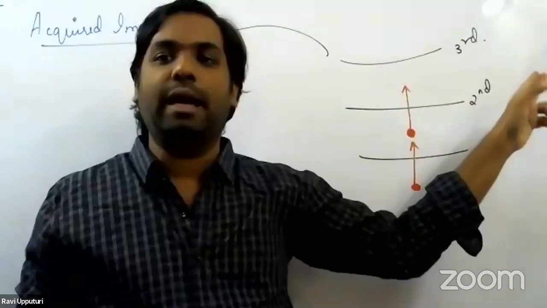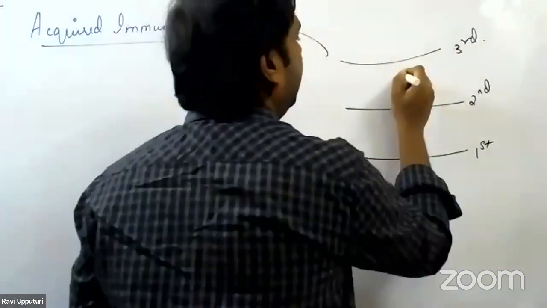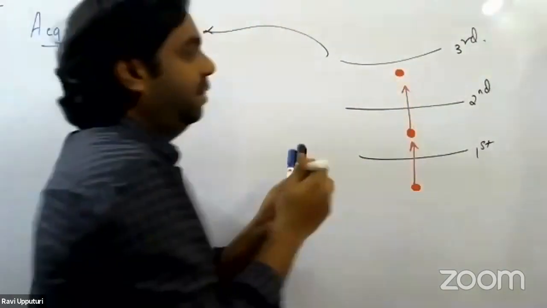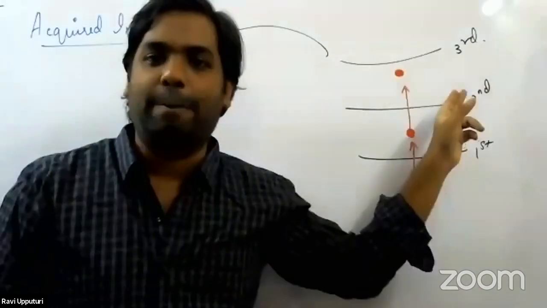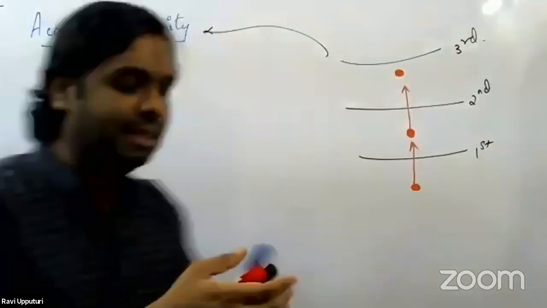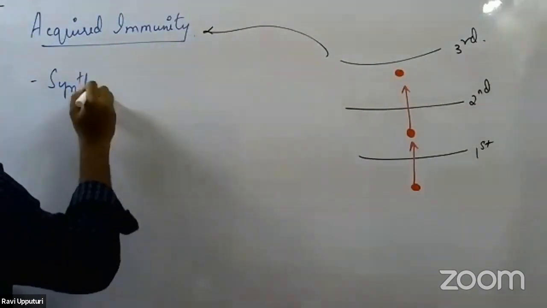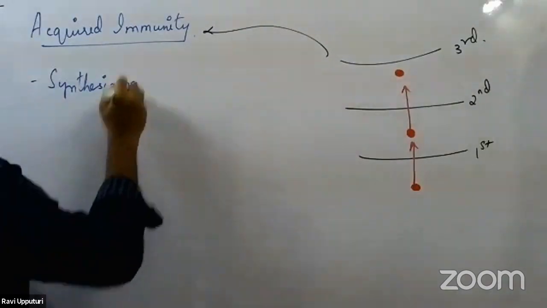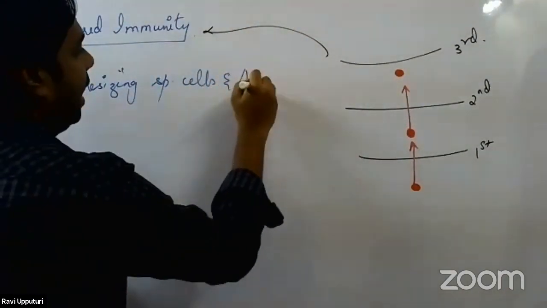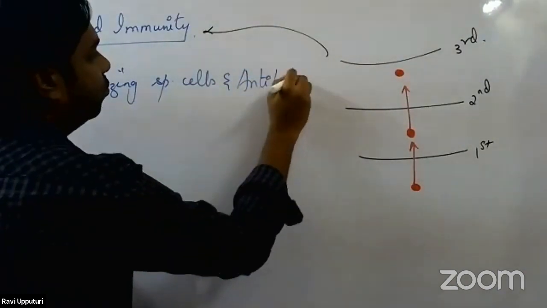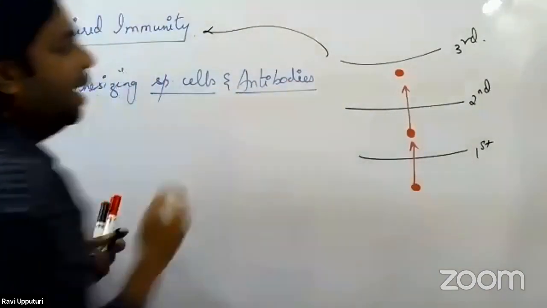So how does this third line of defense function? The third line of defense will now start identifying this pathogen, and once they have identified the pathogen, they would start synthesizing certain specialized cells as well as antibodies.